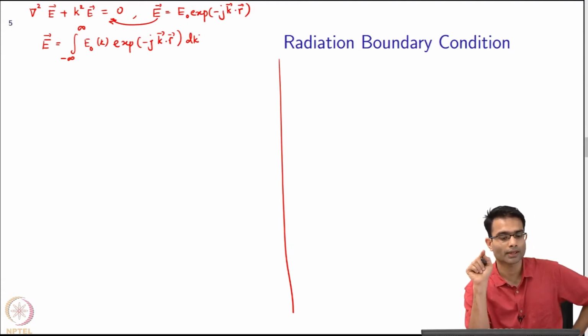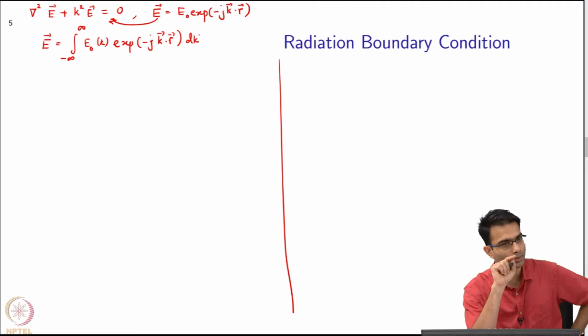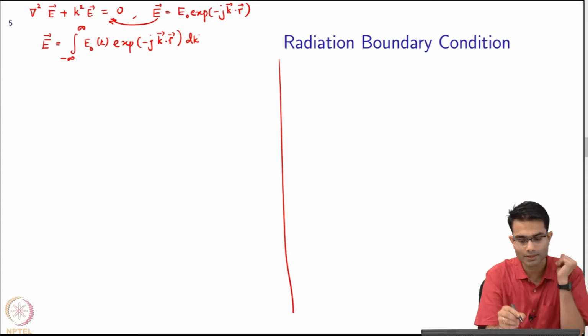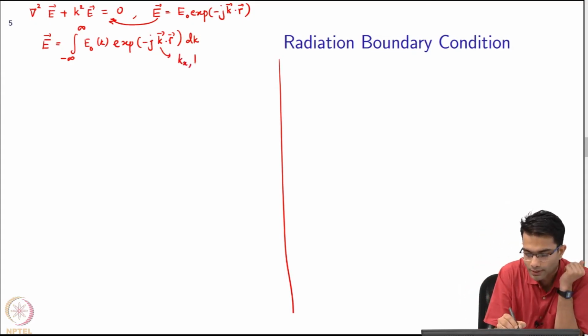So, I will get a minus kx square minus ky square minus kz squared, where I am writing k as the vector kx, ky, kz.